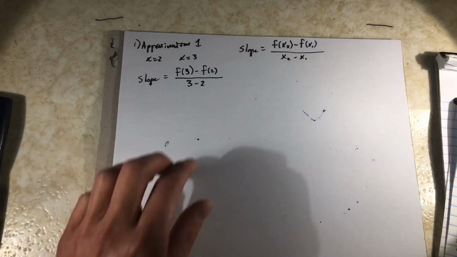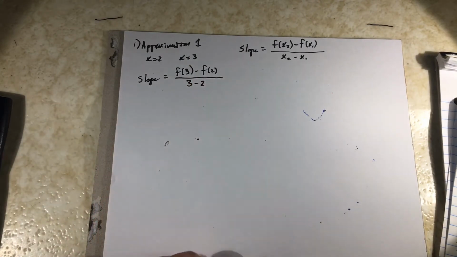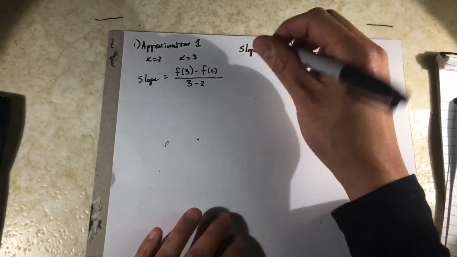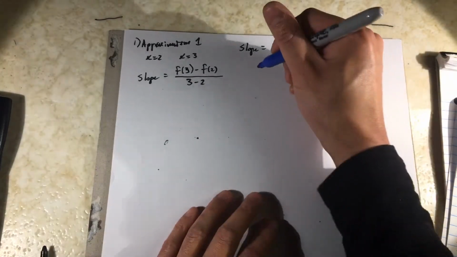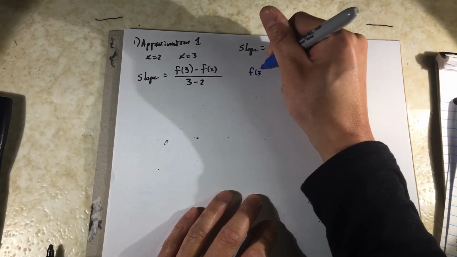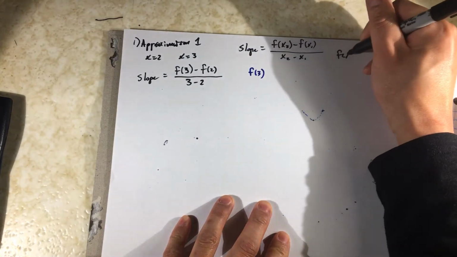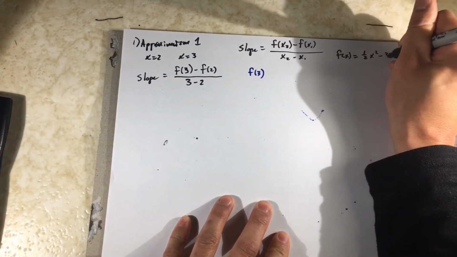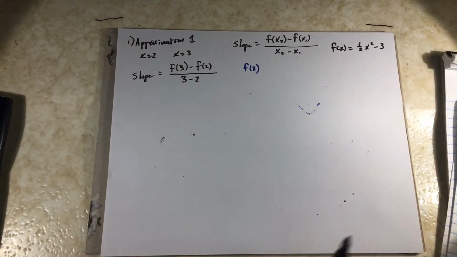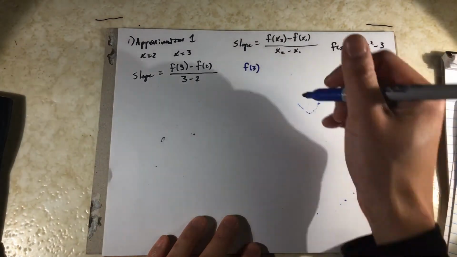All right. So in order to evaluate this, what we first need to do is find f of 3 and f of 2. So let's do that over here. So let's do this in blue. So f of 3. Let me just remind you what our function is. f of x is equal to 1/2 x squared minus 3. Right, so f of 3 is basically you evaluate this by plugging in 3 for x.